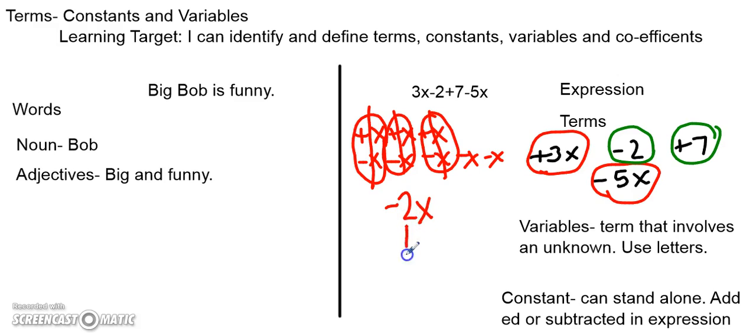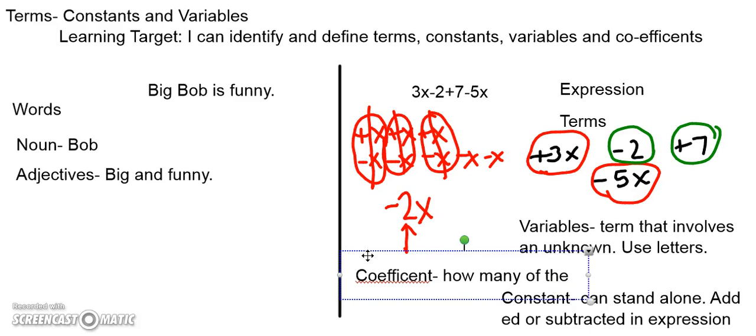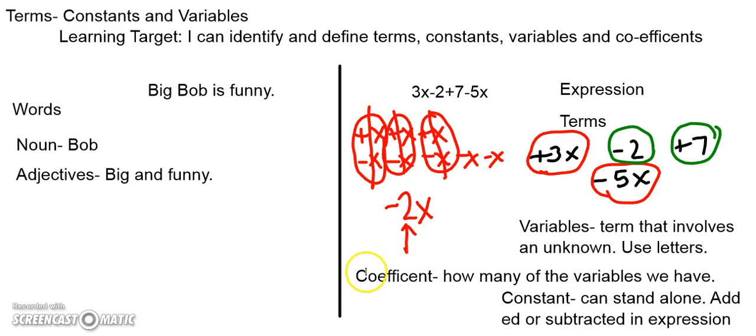It's important to know what we call this number that's associated with our variable. Any number that's associated with our variable we actually call a coefficient. Okay? Coefficients tell us how many of the variables we have. It's really important to remember that coefficients make it easier to write all of our variables out.